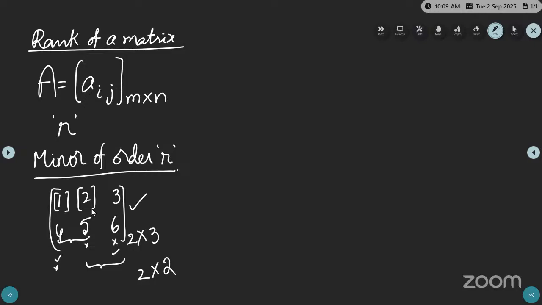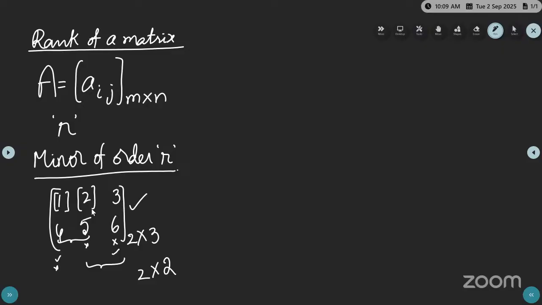And there exist different minors of order 1. In the same manner, for any given matrix of order m by n, there exist different minors of order R. Now what is minor? Minor of order R means it is the value of the determinant of a submatrix of order R by R.